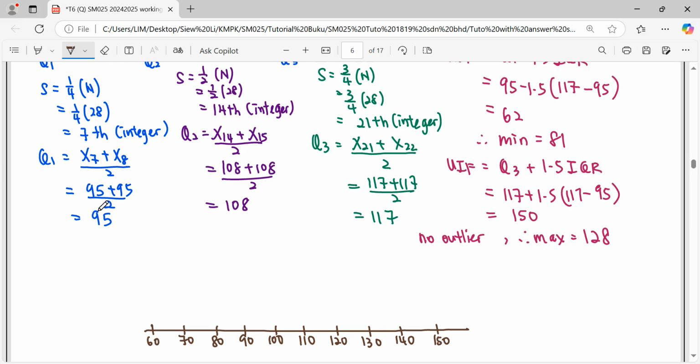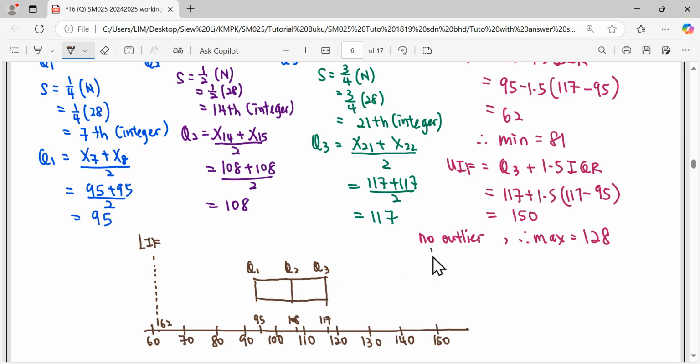So we start drawing our first quarter, at 95. Label 95, this is our first quarter. And then 108, label this as second quarter. And then 117, label. So this is our box. Label first quarter, second quarter, and third quarter. Then draw our lower inner fence 62 with a dotted line and label it with value 62.